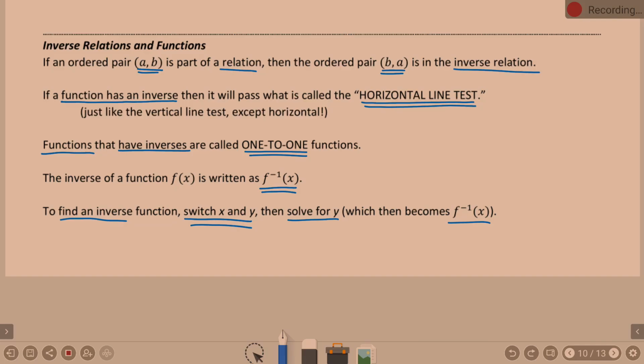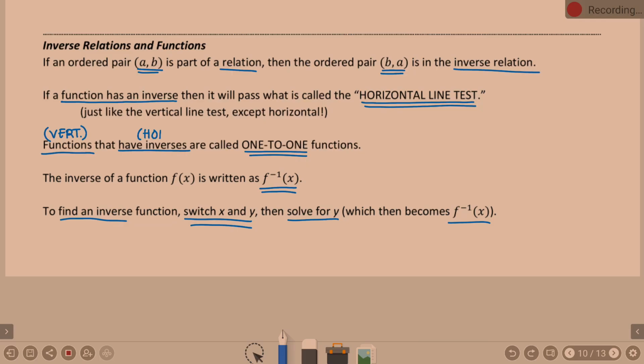Now, real quick, I'm backtracking for a brief moment. If a function is one-to-one, if it's a function, what do we know about it? It has to pass the vertical line test. If it has an inverse, what do we know?